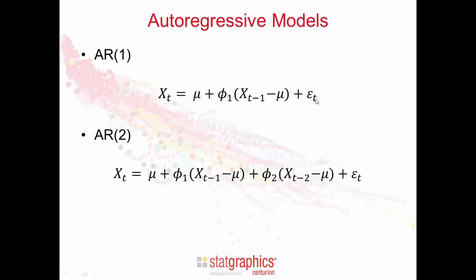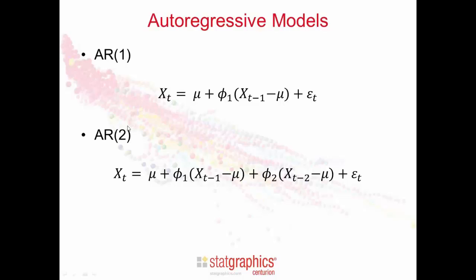Now, the random component Box and Jenkins like to think of as being shocks to the system at a particular point in time. So basically you have the data being equal to a mean plus some function of how far from the mean you were in the previous time period plus a random shock at time t.